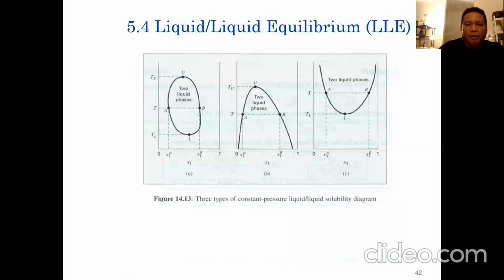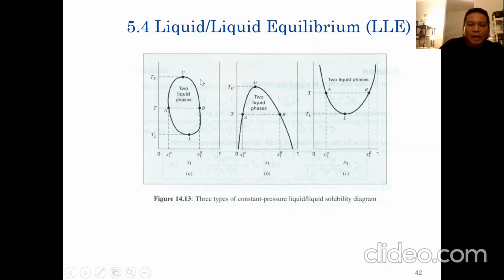So when we plot T versus X1 here, we will have X1 alpha, the maximum here, and X1 beta over there. So the line from UAL here, half of this, is the rich in alpha.